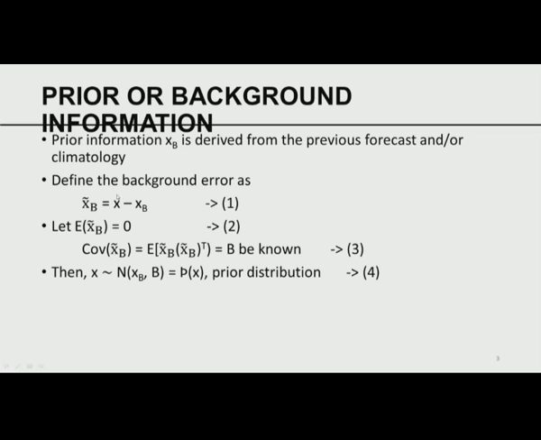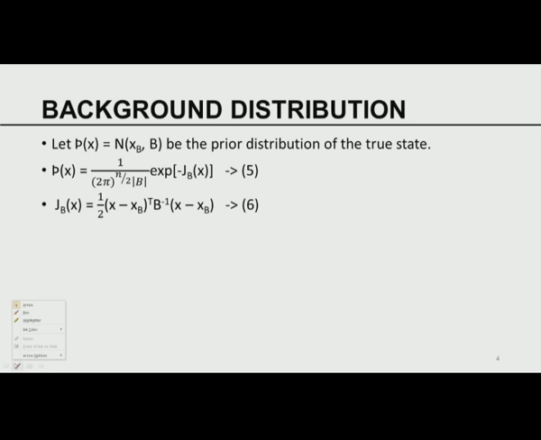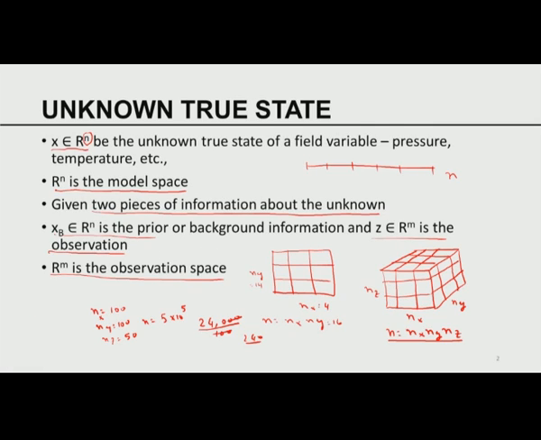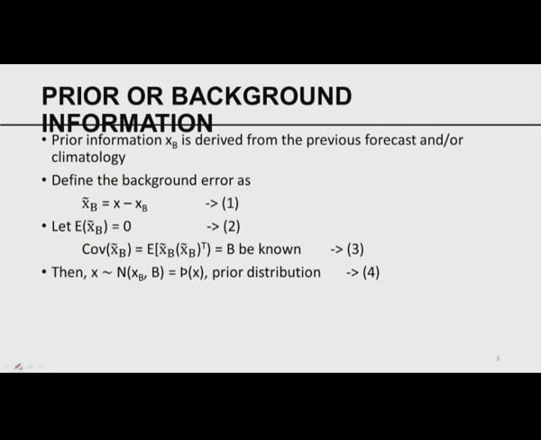X is the unknown I want to be able to estimate. I'm interested in trying to estimate x or find x. x_b is the prior knowledge about x. So x minus x_b is x tilde b, the difference between the unknown and the background.